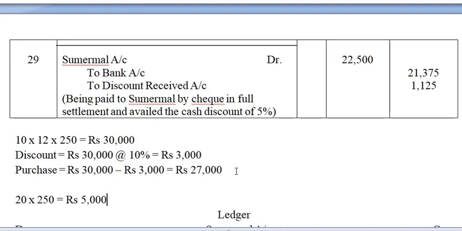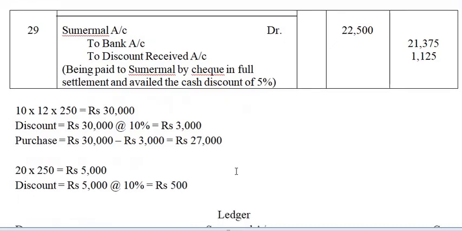Now we have to get the discount on this, because the trade discount should be calculated on 5,000 at the rate of 10%. It will be 500.